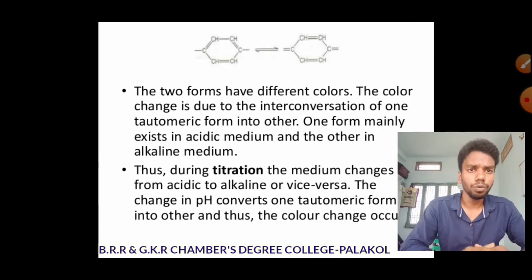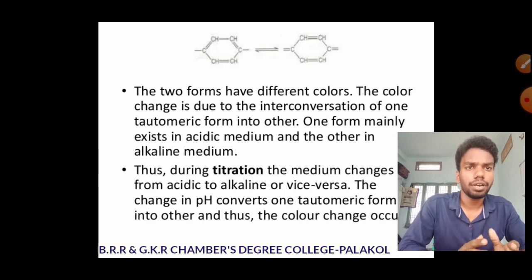So the acid base indicators are aromatic organic compounds having a benzene ring. They exist in two tautomeric forms, the benzoyl form and the quinoide form, having different colors. In the benzoyl form it shows one color, in the quinoide form it shows another color.